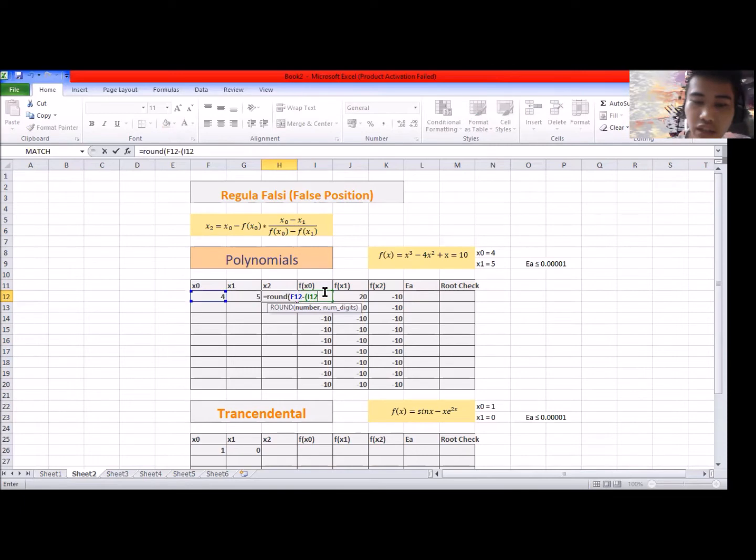Then multiply by first the numerator. So let's move to x of 0 minus x of 1. And then divide it by the functions of x of 0 minus function of x of 1.